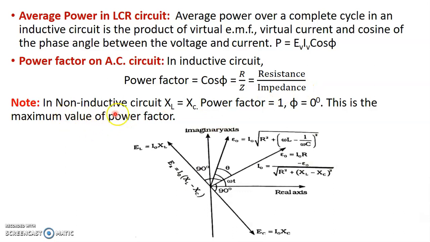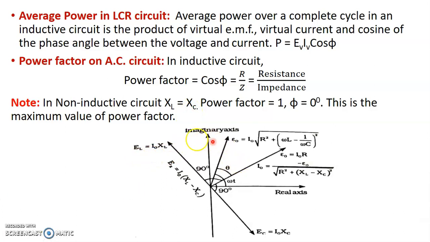Note, in a non-inductive circuit, where XL is equal to XC, then Z is equal to R, so voltage and current will be in phase, R by R becomes 1, then cos phi is 1 and phi becomes 0. This is the maximum value of the power factor. So the power factor value is 1 in an LCR series circuit when XL is equal to XC.